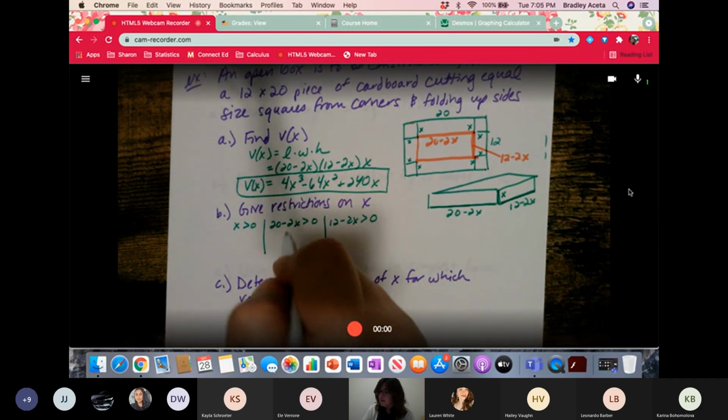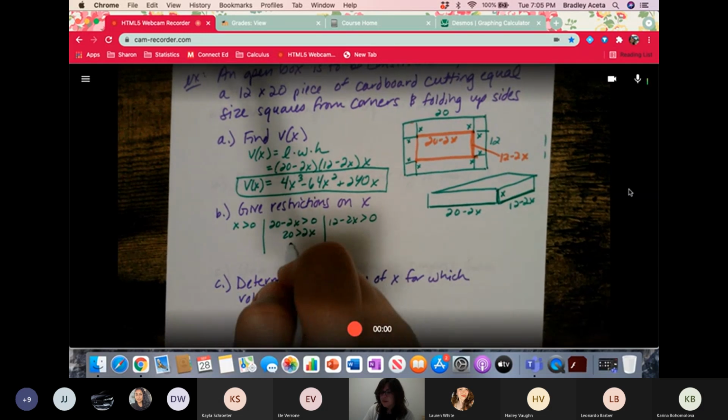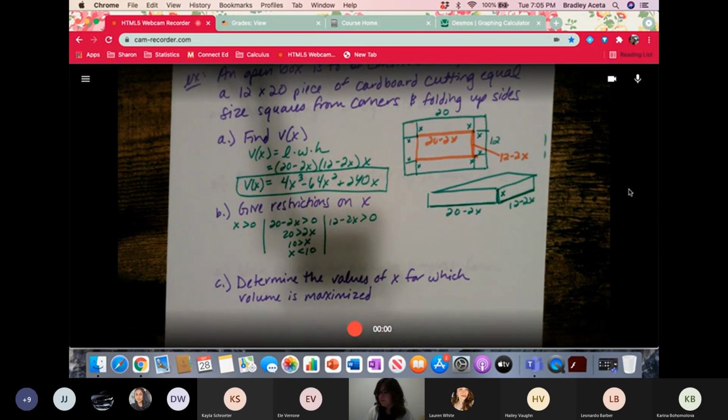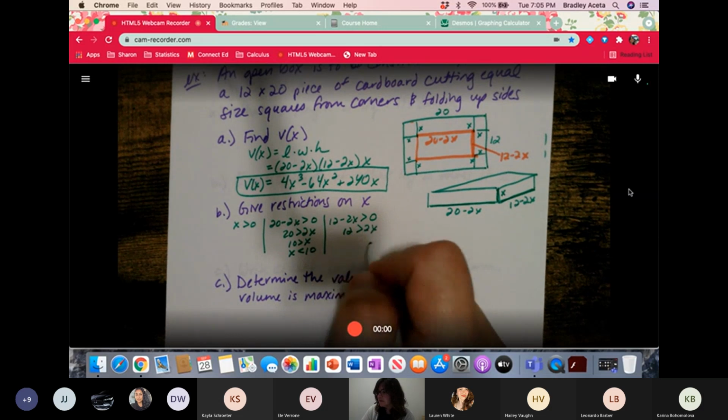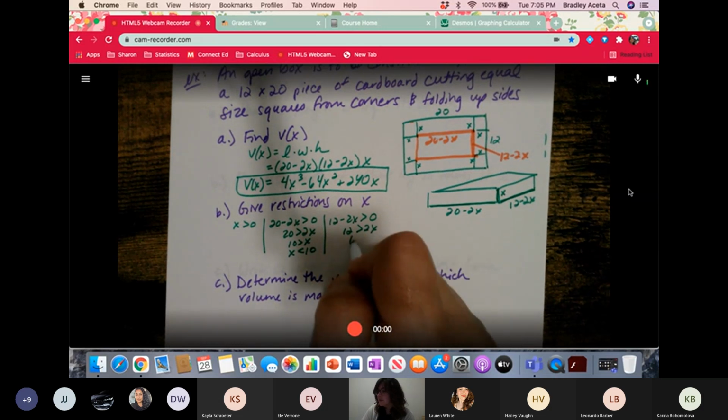So let's see if we can solve these. 20 is greater than 2x divided by 2. 10 is greater than x, so x has to be less than 10. On this side, 12 is greater than 2x divided by 2. 6 is greater than x, so x has to be less than 6.